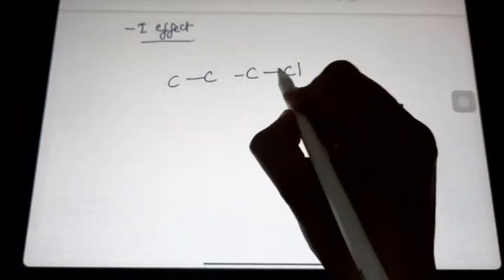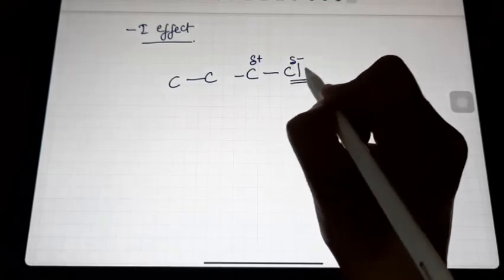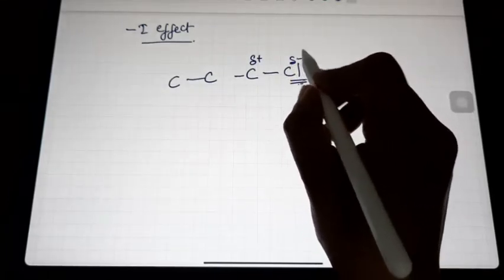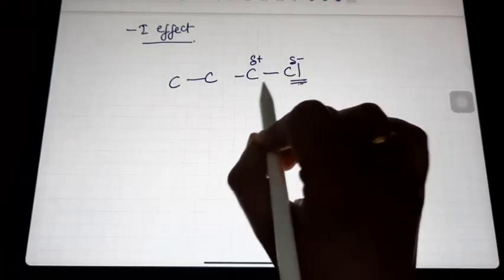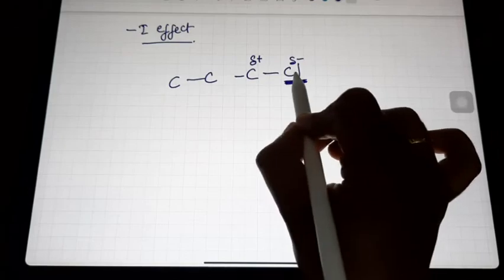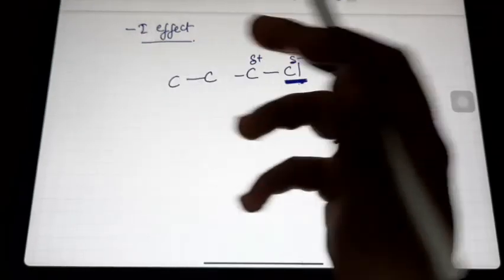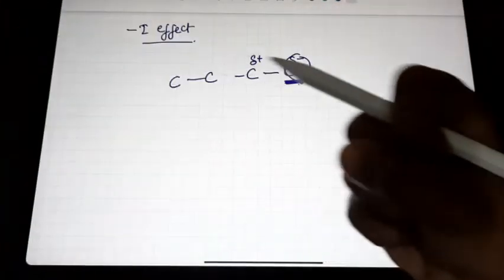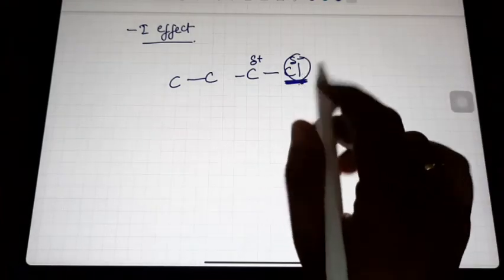So this Cl, because of its character, has the negative charge. You can see here the polarity difference; the substituent acquires negative charge. That's why it is said to be the minus I effect. That means this substituent has a tendency to attract or withdraw electrons from the carbon chain. That effect is said to be minus I effect.